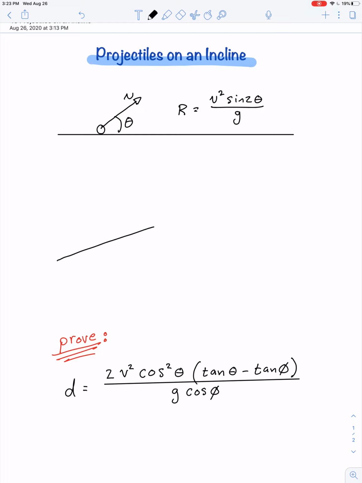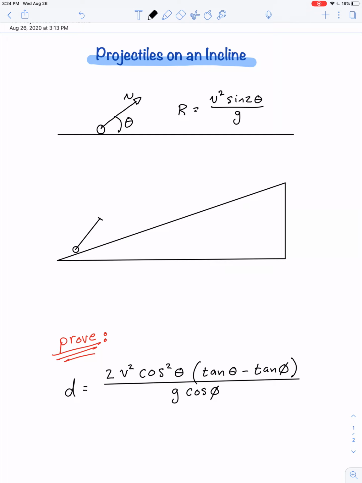What if you have a case where it's not launched across level ground, but it is a somewhat steady incline? How can you determine the distance along the incline that the projectile travels? In other words, you have this projectile, and you know the initial velocity, you've got v, and you have an angle theta, so how far that velocity vector v is inclined from horizontal.